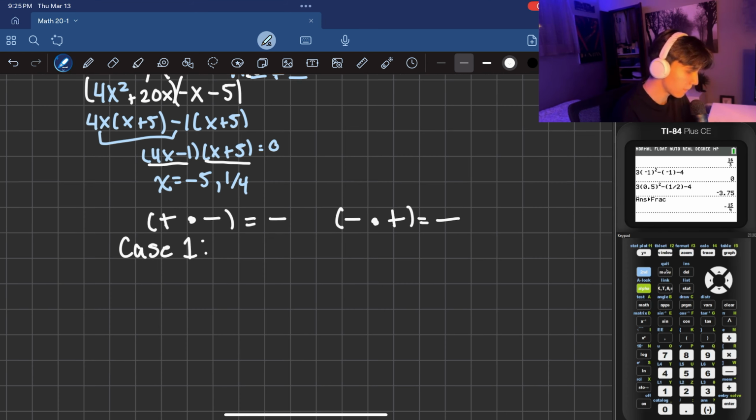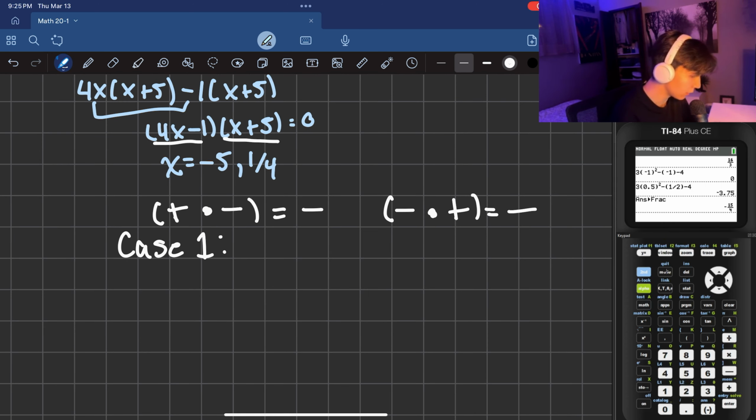So basically, we're just going to be replicating the outcome of this. So you have 4x minus 1, and we're just going to be doing this first case here. So we have a plus and a minus to give us a negative. And if we're doing this case here, what we're going to do is we're going to set this to be positive, right?